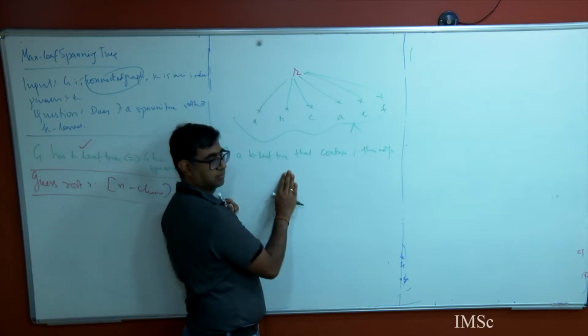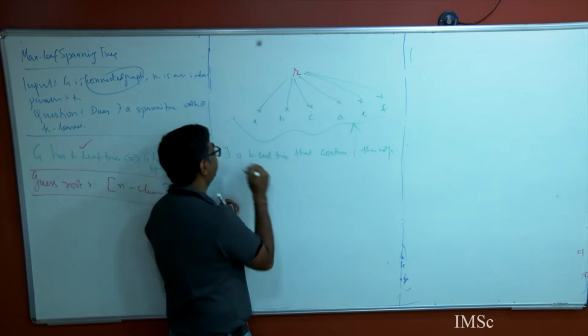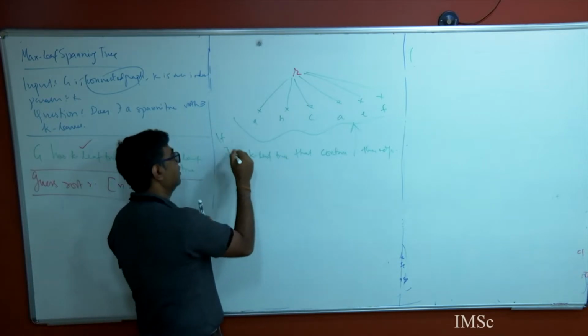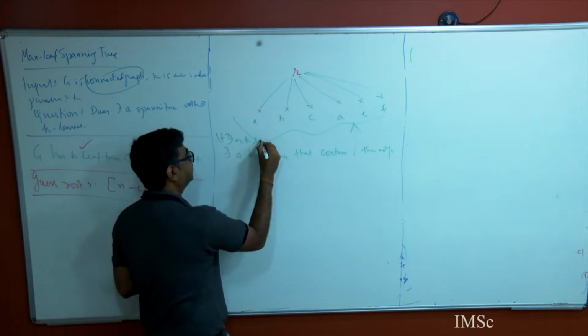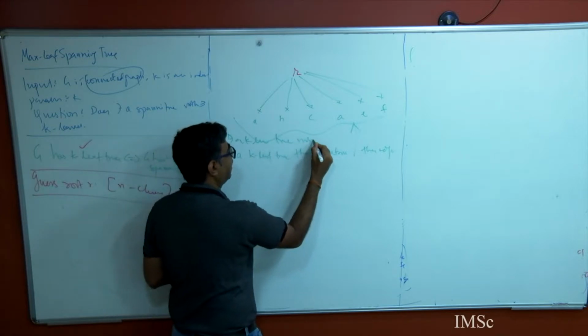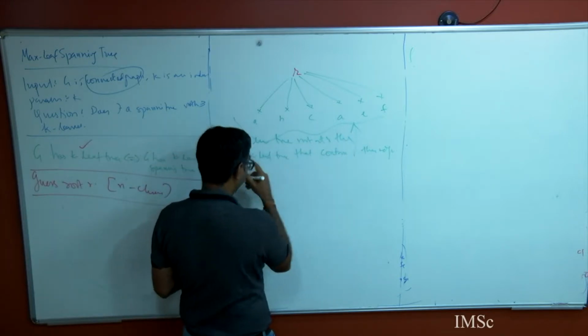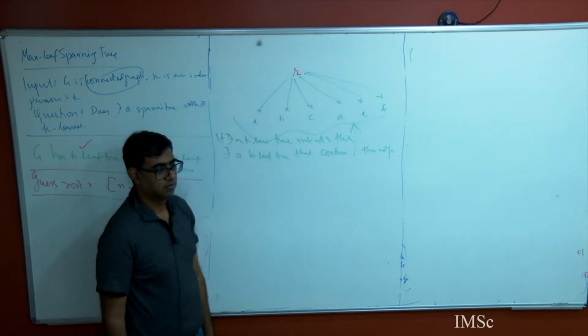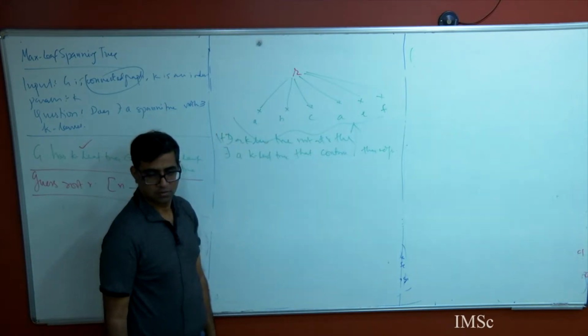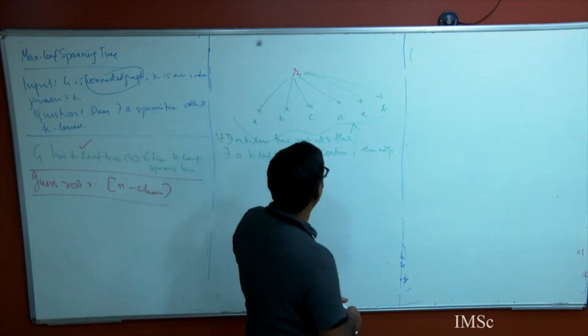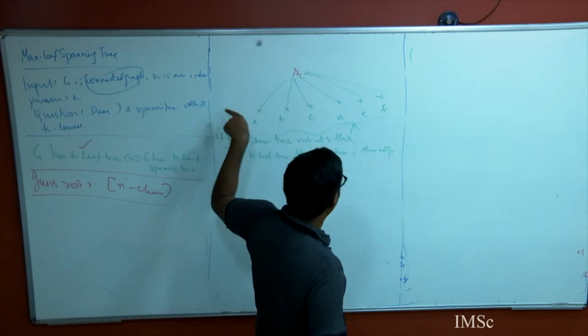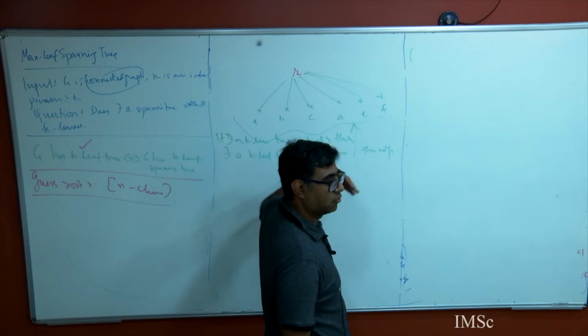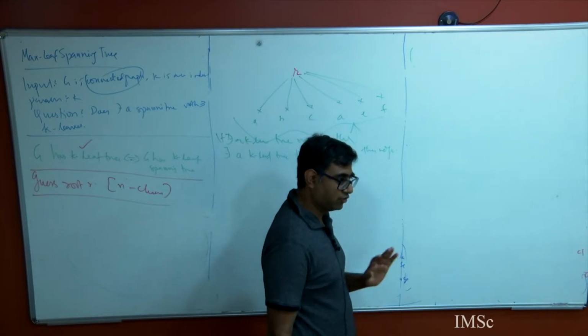If I can prove this, if there exists a k leaf tree rooted at R, then there exists a k leaf tree that contains all these edges. Then if I prove this, what will I say? Okay, fine, take R, take all these edges, and then we will think what to do next later. You see what I am saying?